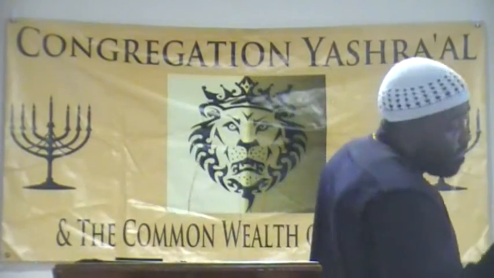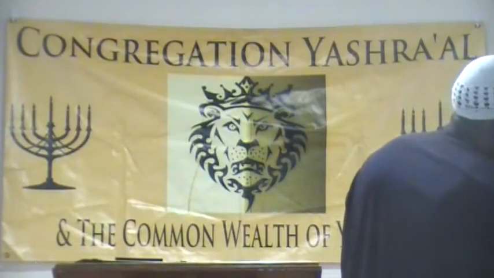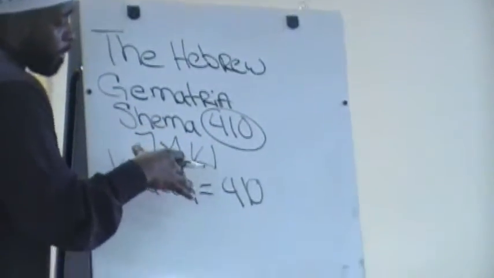I found very interesting in looking up this word a little bit more. The numerical value for the word Kodesh is 410. So what we have now is the Shema, which means to be obedient, and the word Kodesh means to be set apart.